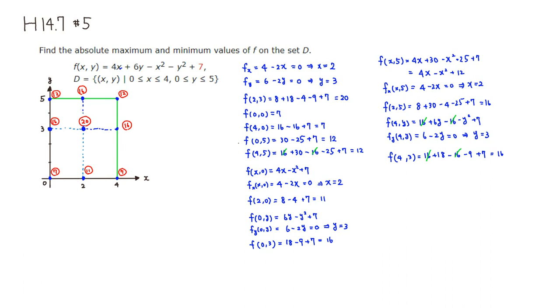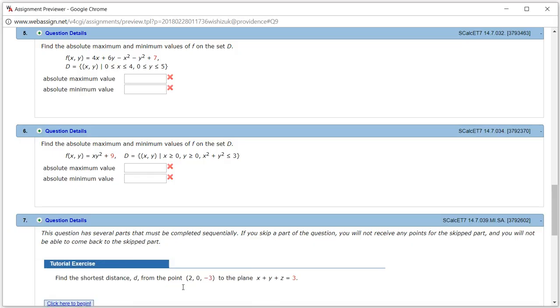So the absolute maximum value would be 20, and for the absolute minimum value, the lowest value, as you can see, is 7. So let's type it in. The absolute maximum is 20, and the absolute minimum is 7.